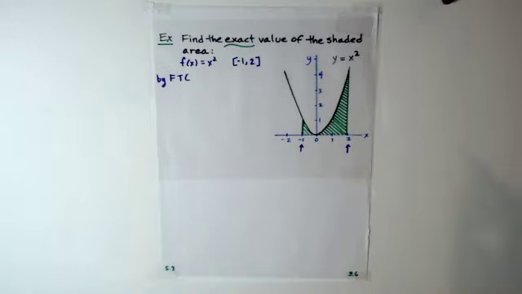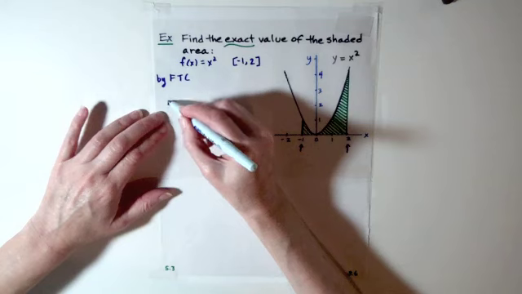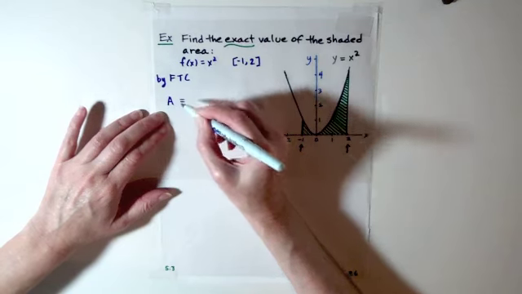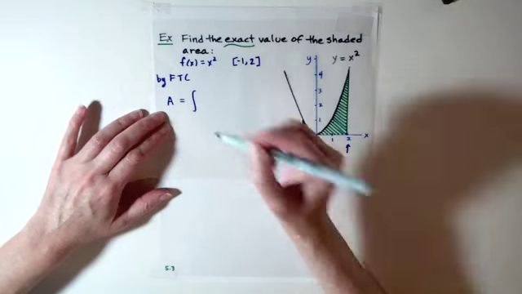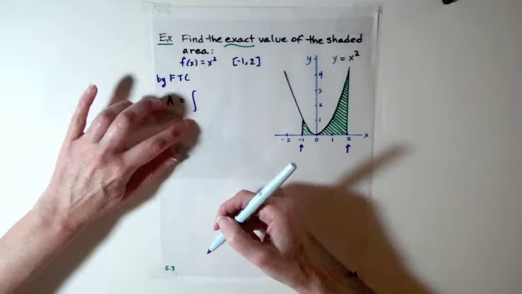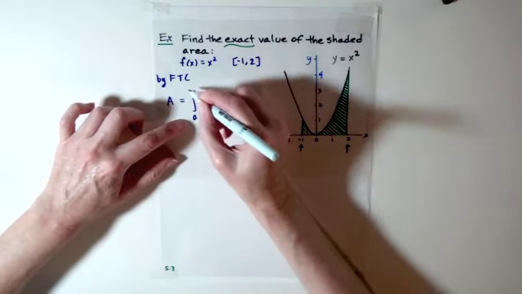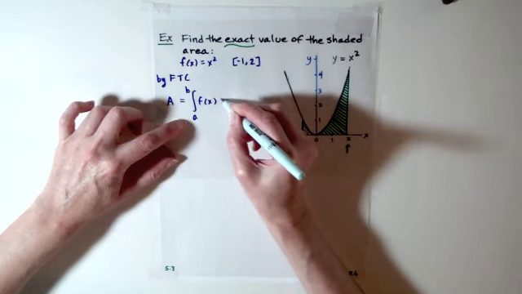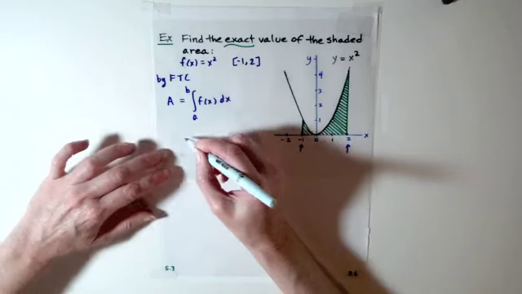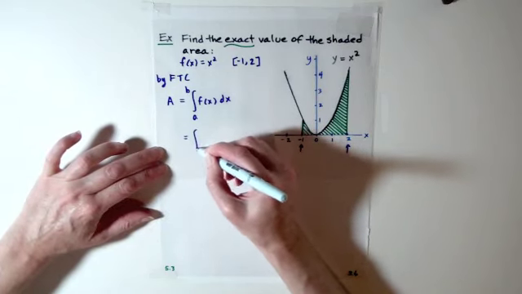So by the fundamental theorem of calculus, I can go ahead and say, well, I can find the exact area under that curve by doing the definite integral from my a value to my b value of my function dx. Well, what is that for this particular function?